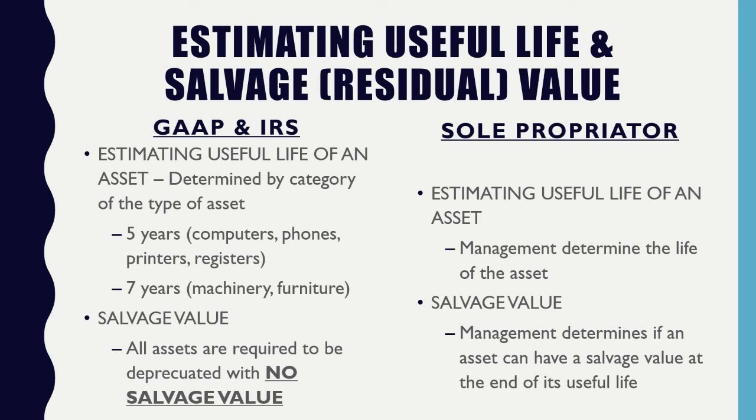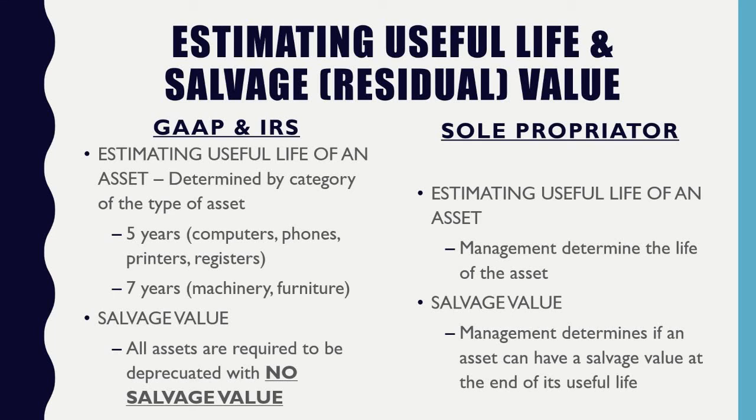Okay, so the rule is going to be the 3, 7, and 9 or 11 rule. I didn't mention the 9 and 11 because that's for buildings. Okay, buildings can be depreciated at either 9 years or 11 years.